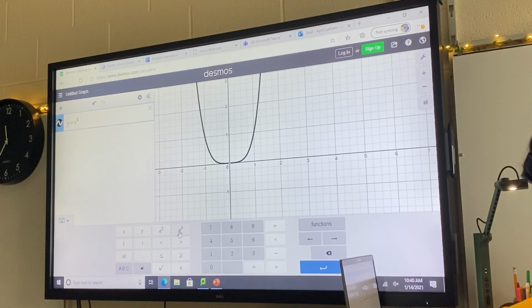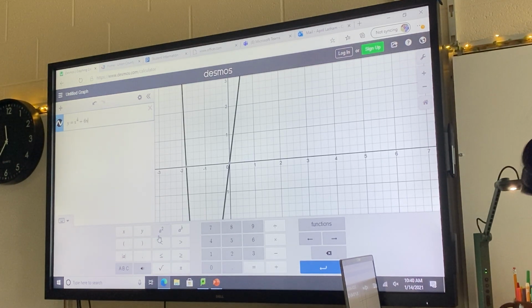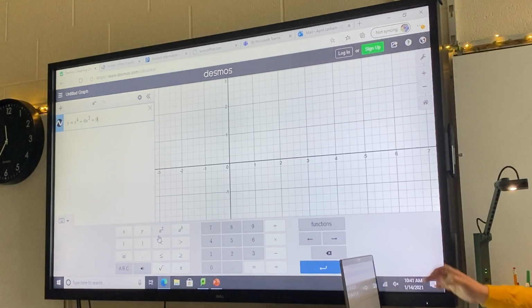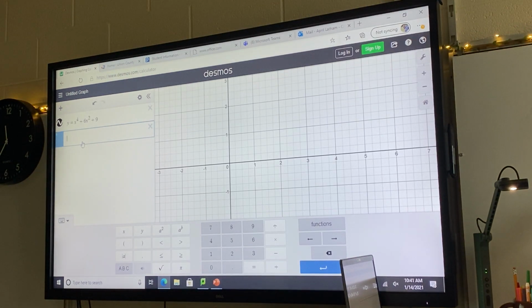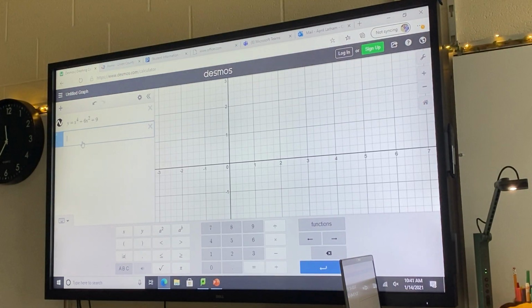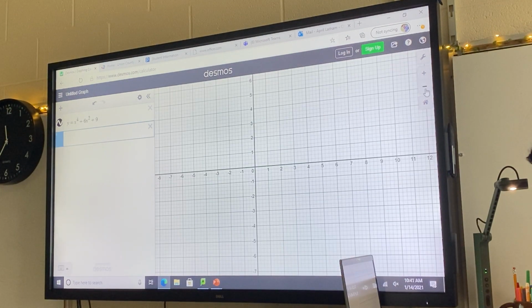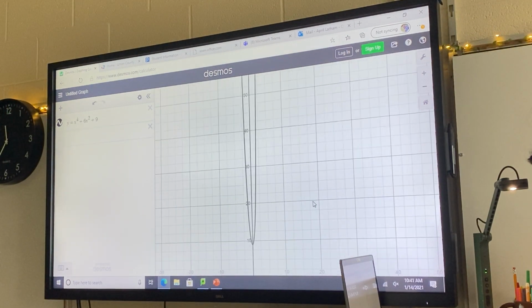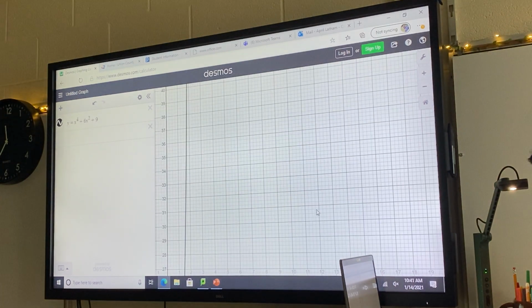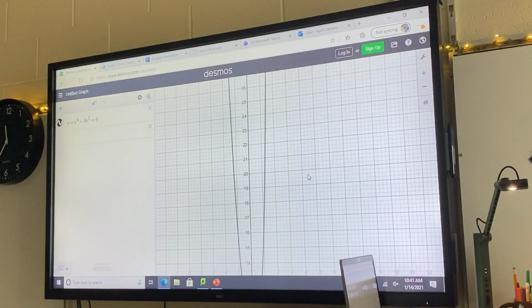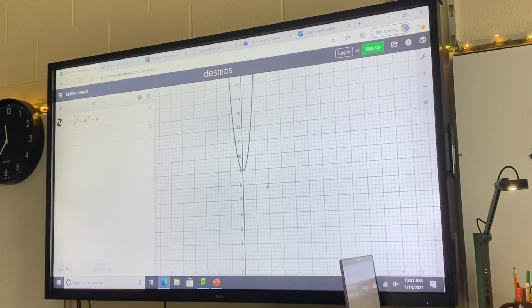Scooch over, plus 6x squared plus 9. And then on the next line, I'm going to put which one I think is the answer. So let's say I thought B was the answer. So I would put, well, I can't even see this, so let's zoom out so I can see it. There it is. There we go. Well, sort of. I may have done too much zooming.